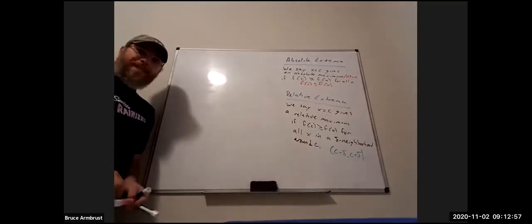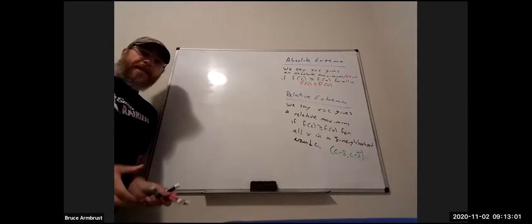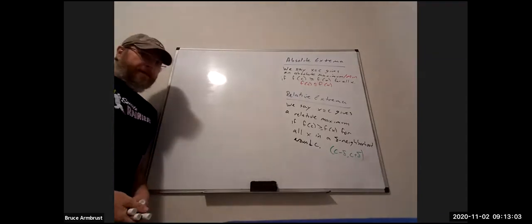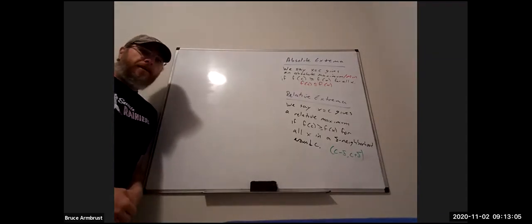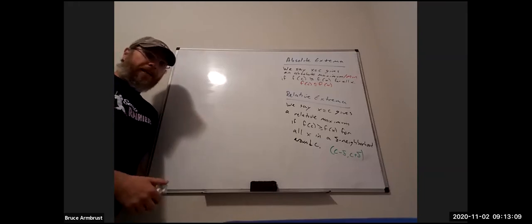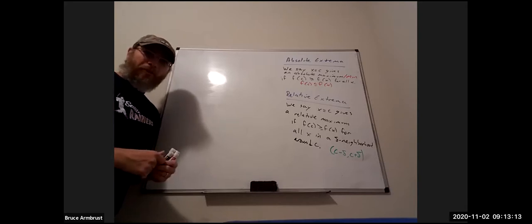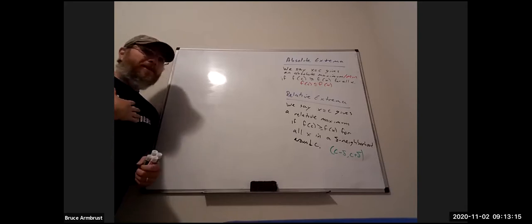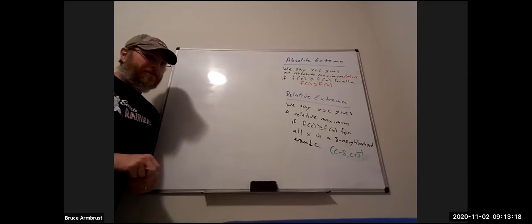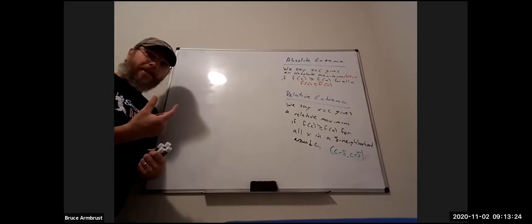So hopefully you remember delta is just a little small value, small distance that we go away from c. I think we did that with limits. It's the same kind of idea. We're just saying that we can create a little neighborhood. And neighborhood's actually a math term, by the way. That's not a Bruceism. When we talk about neighborhoods, that's what mathematicians call it. But this is just a small interval around c.